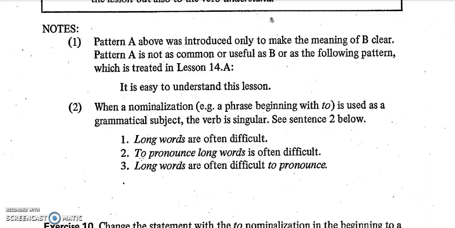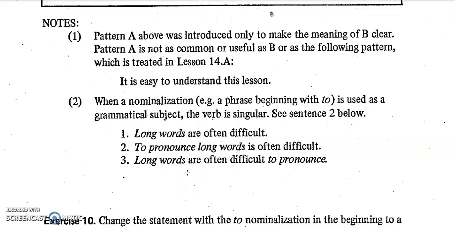So here it is actually a verb, but in this construction, to pronounce long words is a noun which is placed as the subject of the sentence. Okay, so these three sentences have similar meanings. So feel free to use any of the constructions.